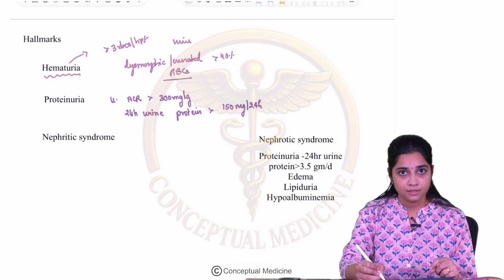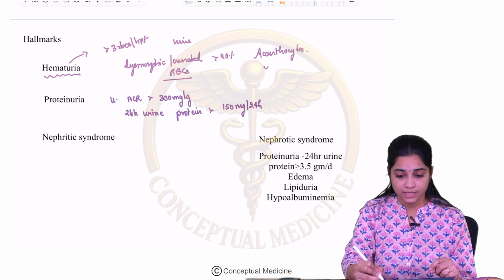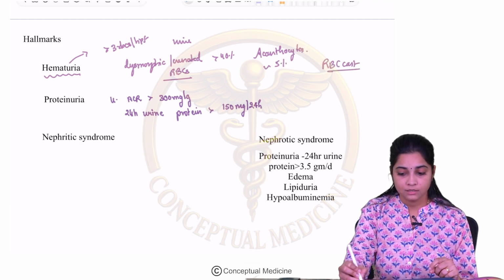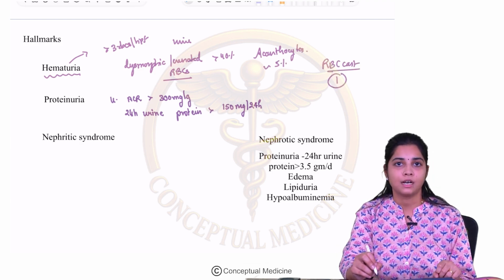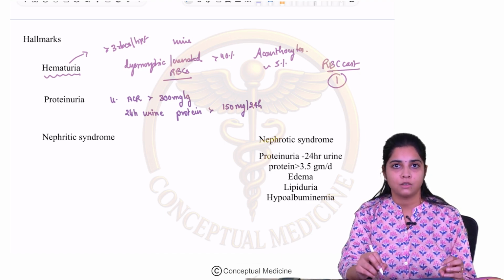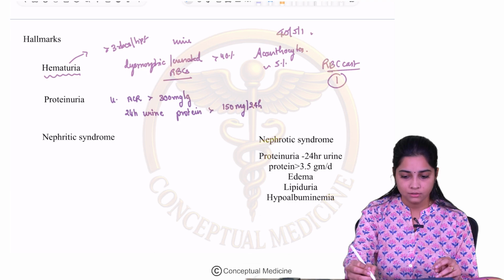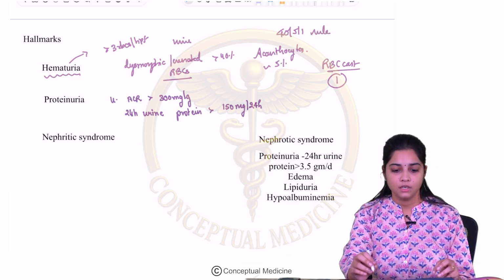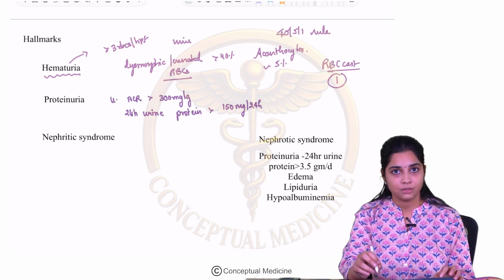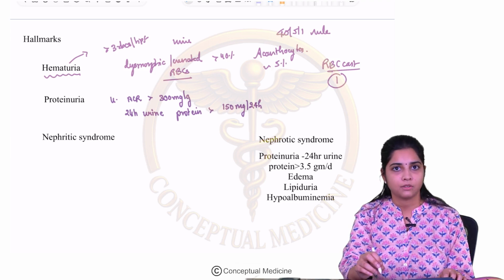Apart from this, hematuria associated with acanthocytes up to 5%, and the presence of even one RBC cast, is significant and suggests that the disease process is happening in the glomerulus. So this is your 40-5-1 rule for glomerular disorders: more than 40% dysmorphic RBCs in the urine, the presence of acanthocytes, and the presence of even one RBC cast suggest a glomerular pathology.